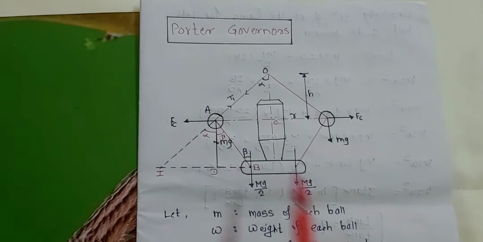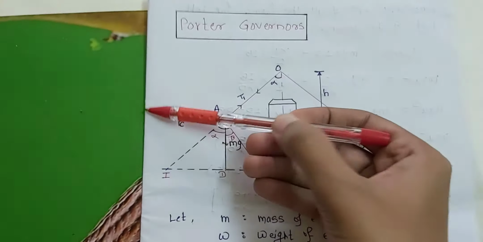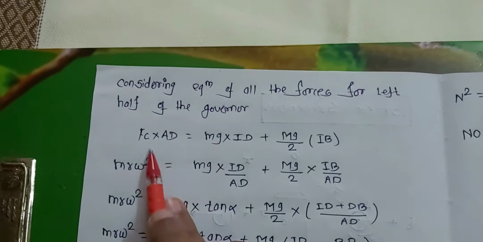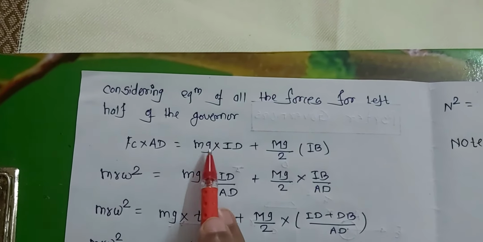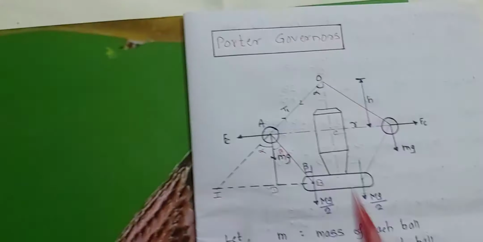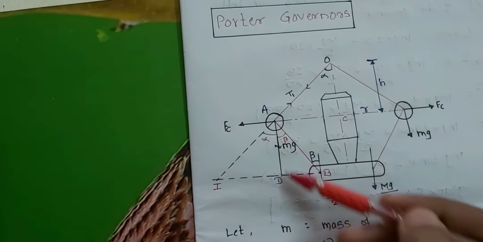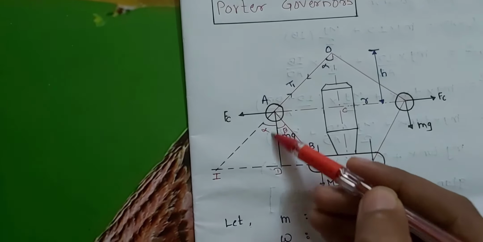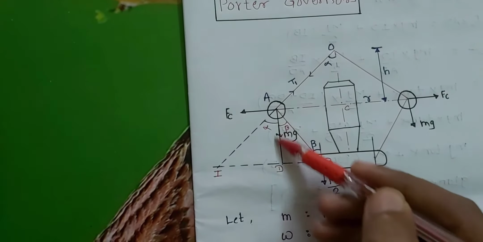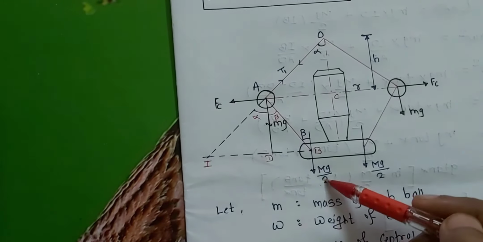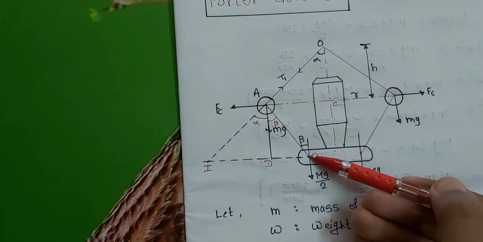For equilibrium, Fc into the perpendicular distance AD is anticlockwise, and it equals the clockwise moments: mg into ID, force into perpendicular distance ID, and Mg by 2 into the perpendicular distance IB.